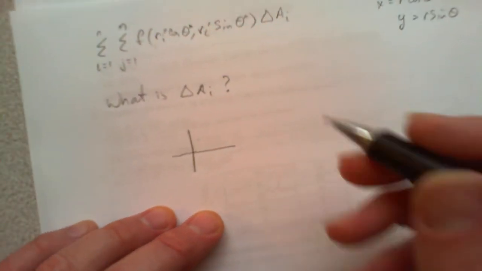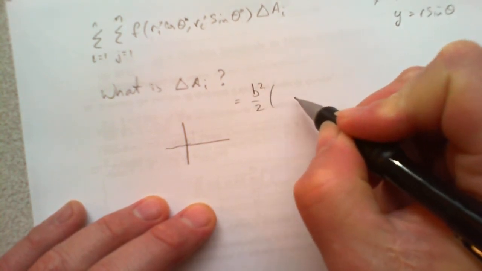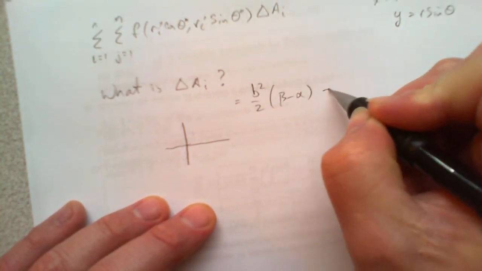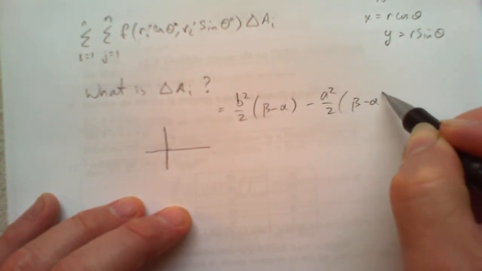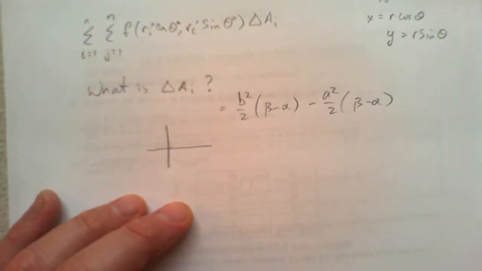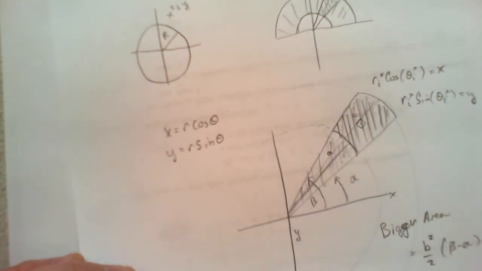So the area of one of these is going to be b squared over 2 times beta minus alpha, minus a squared over 2 times beta minus alpha. So that's the area of this polar rectangle right here.